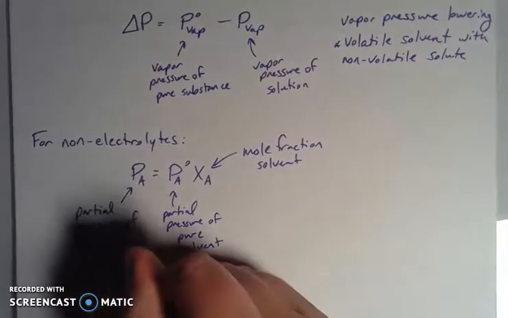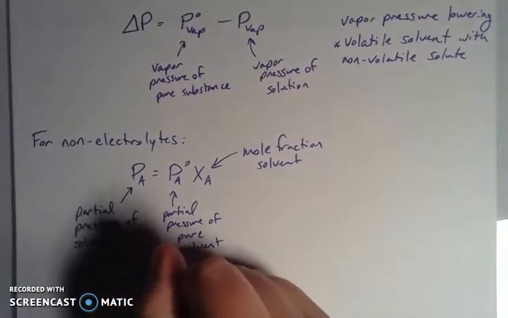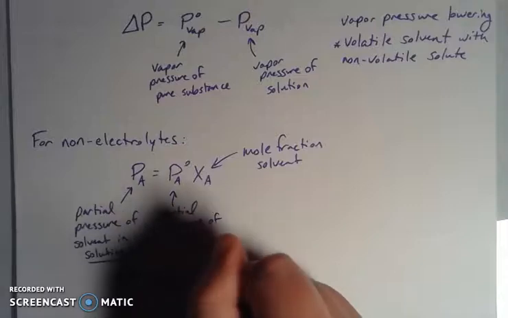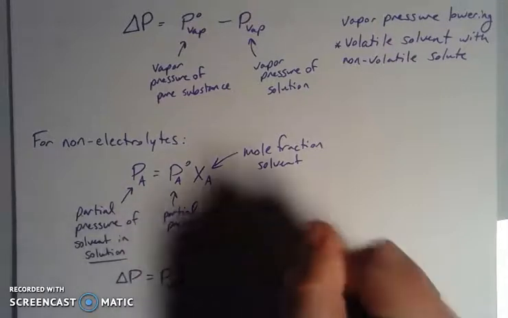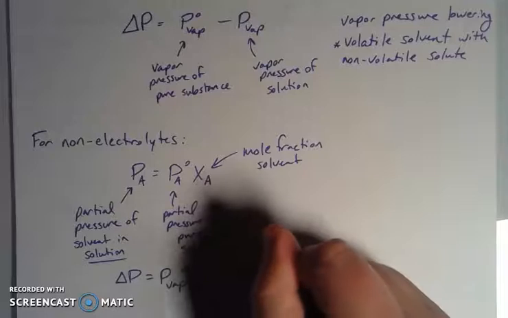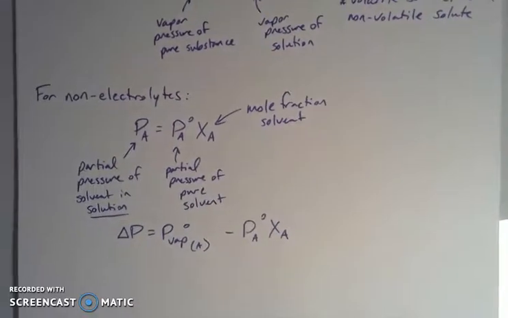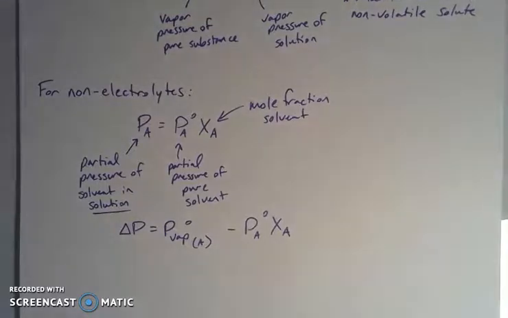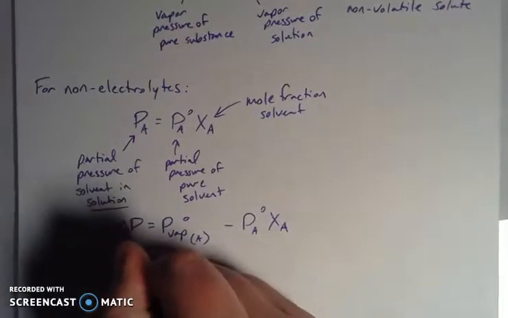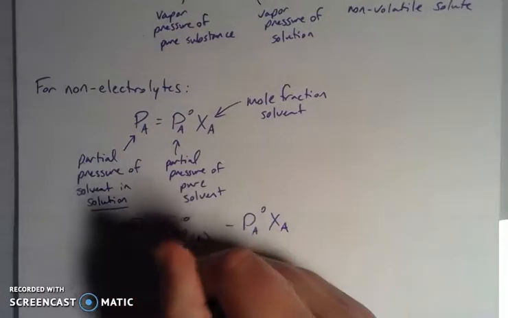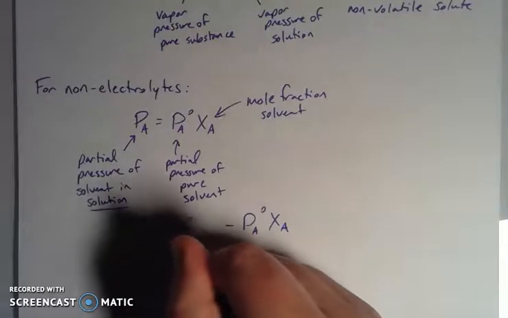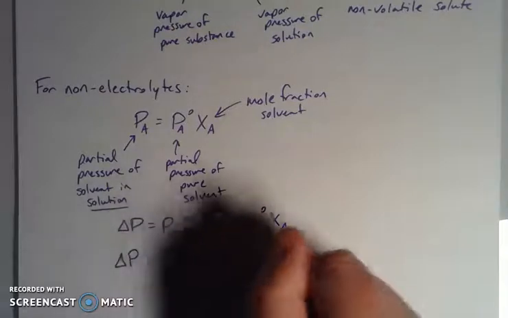Do a little derivation here. Okay. And then if we factor out this value, which is going to be the same for both, then we end up with our delta P is equal to, we'll take this guy out, 1 minus this guy.